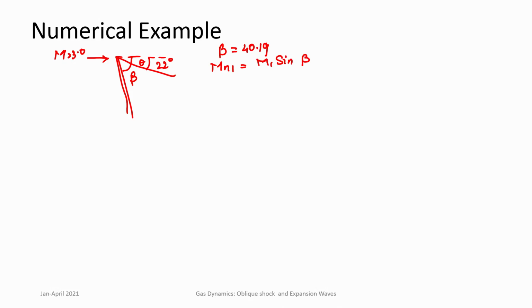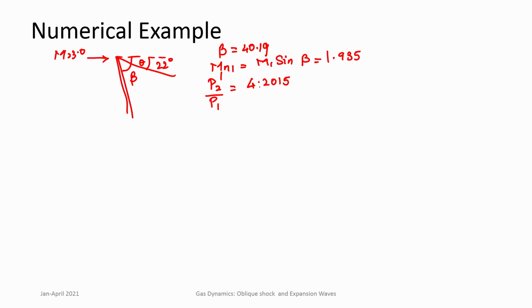Once you find Mn1, this is 1.935. All properties of the shock like P2 by P1 can be found out. It is 4.2015 by using normal shock relations, normal shock charts or calculators.